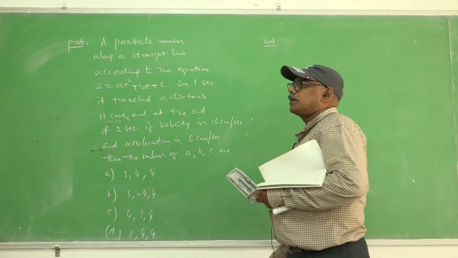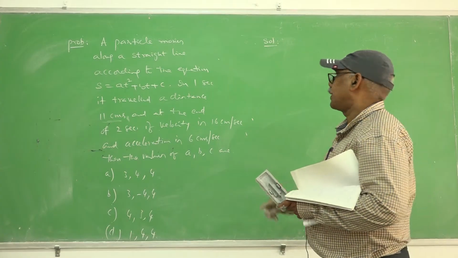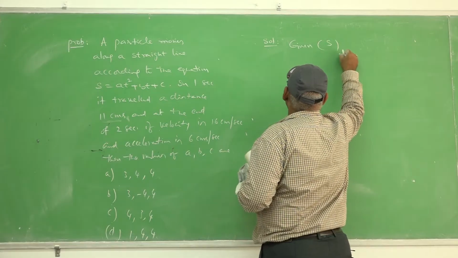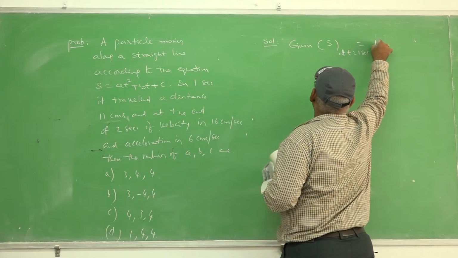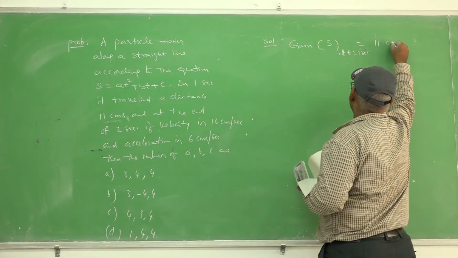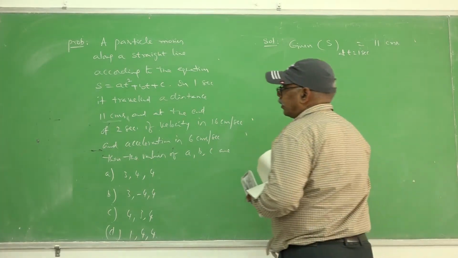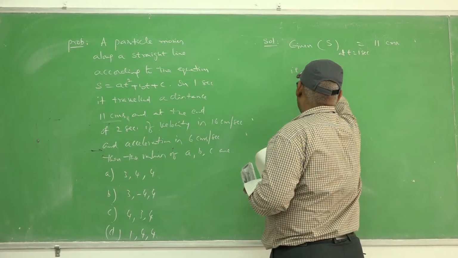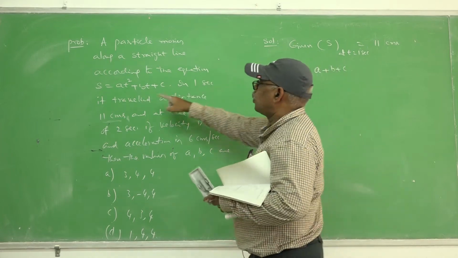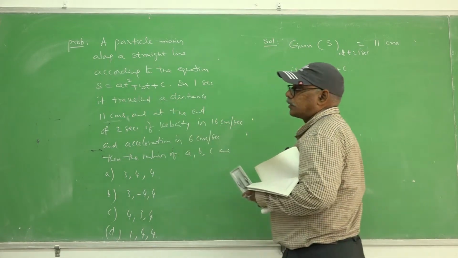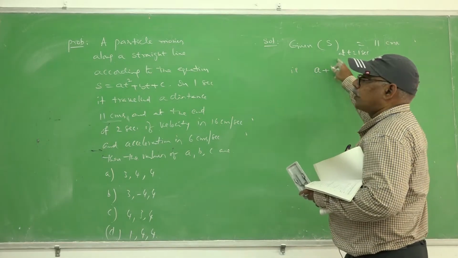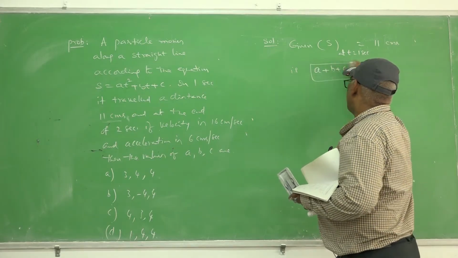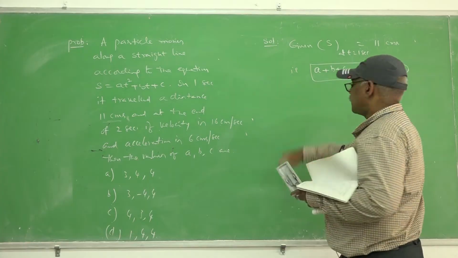So S is 11 centimeters at t equal to 1 second. Taking t equal to 1 in this relation, the distance covered at t equal to 1 second is A plus B plus C equal to 11.